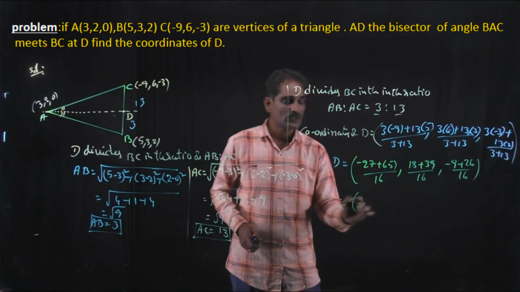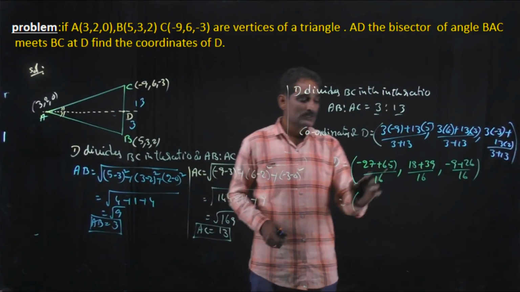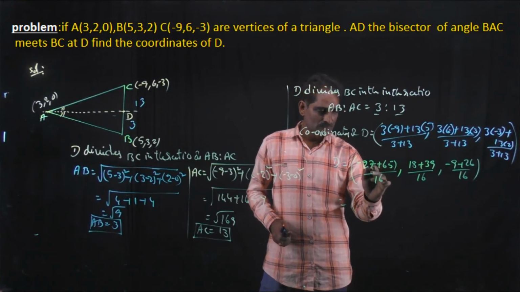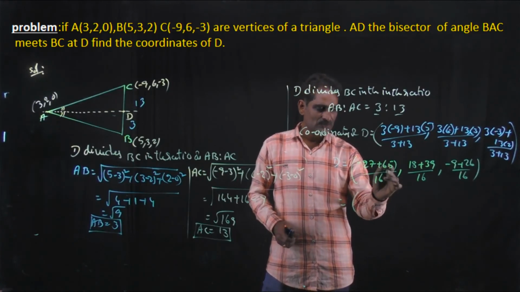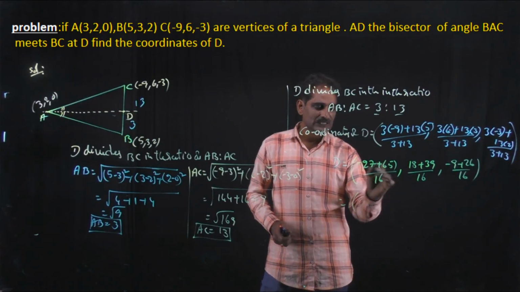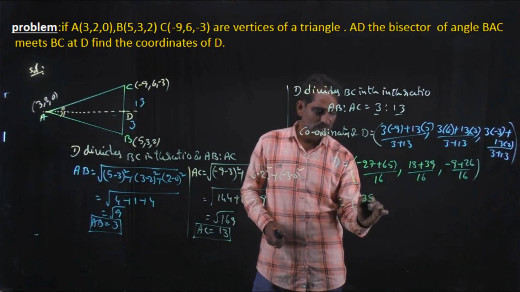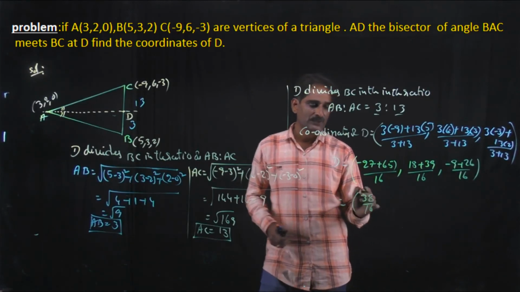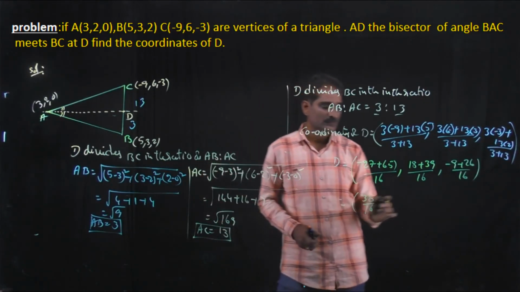Okay, now 65 minus 27, 38 by 16. Understand? Right.